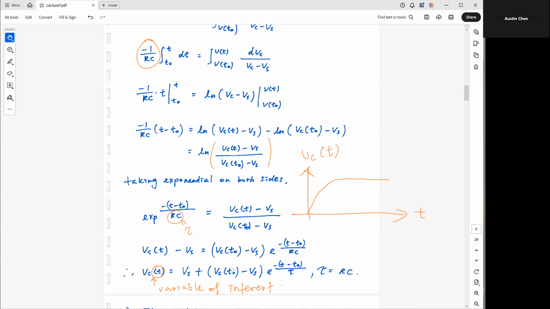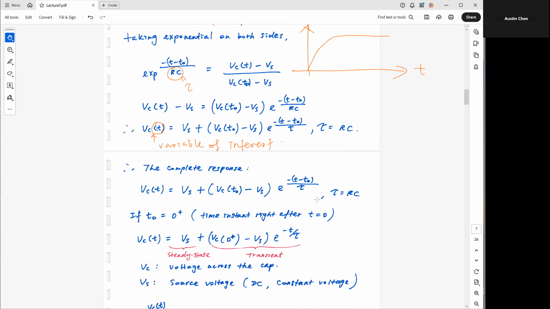So Vc at t0 minus Vs again, the same Vs, in brackets, multiplied by e raised to minus (t minus t0) divided by tau, where tau is equal to RC. This is the solution to this first order differential equation for this simple RC circuit.